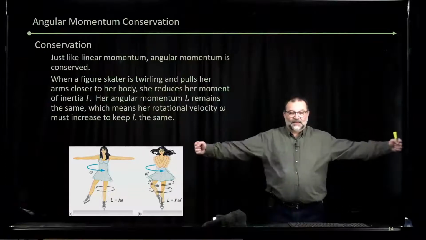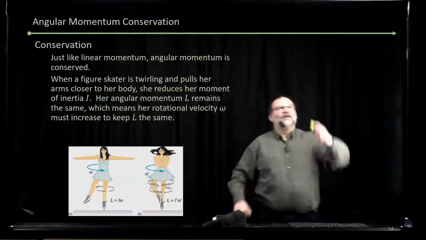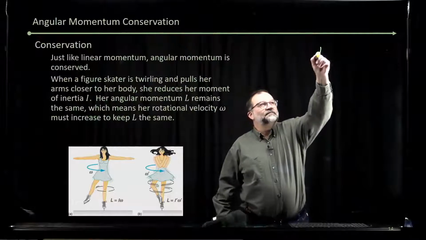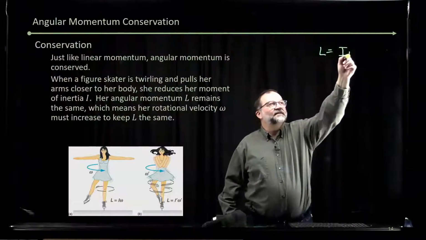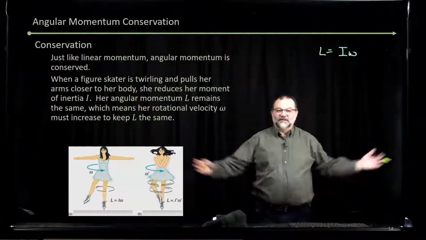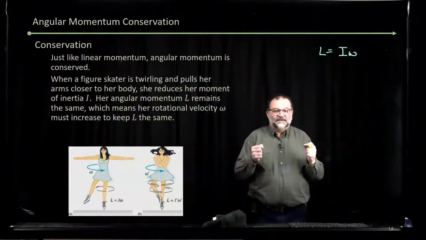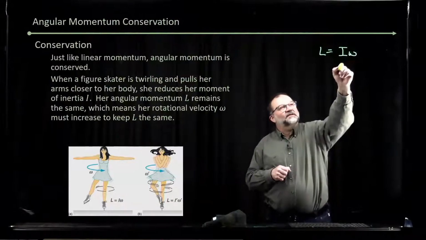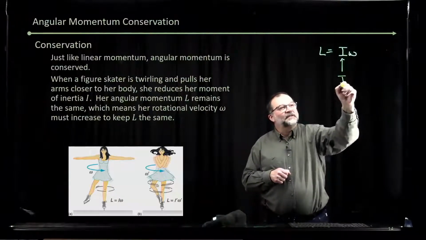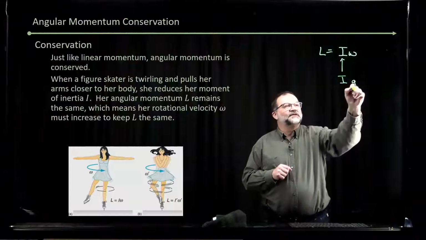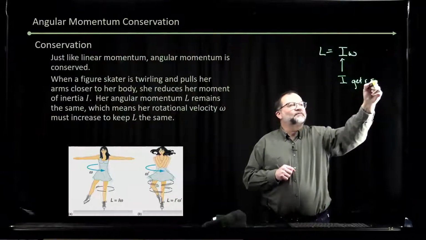So angular momentum, L, is I omega. Momentum is conserved. So as I bring my arms in, your moment of inertia, I, gets smaller.